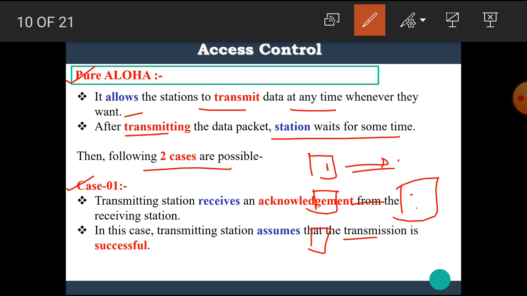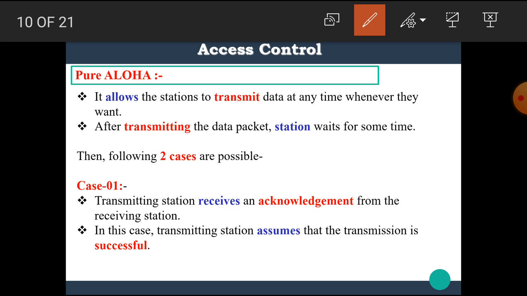The first case is that the transmitting station receives an acknowledgement from the receiving station. In this case, the transmitting station assumes that the transmission is successful.